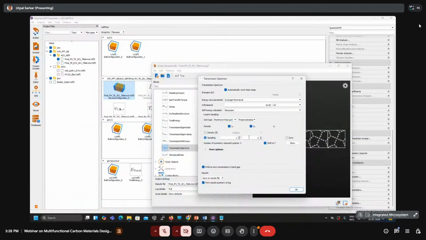Since we have calculated the transport properties along a particular direction like the x direction or y direction, the sampling will be set accordingly. Suppose the sampling is 1 cross 5 cross 1, and here we have to choose the energy range, suppose minus 3 electron volt to plus 3 electron volt.